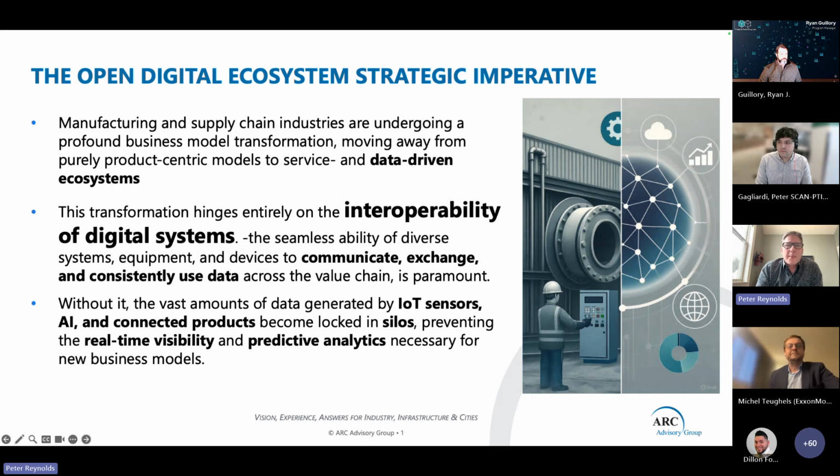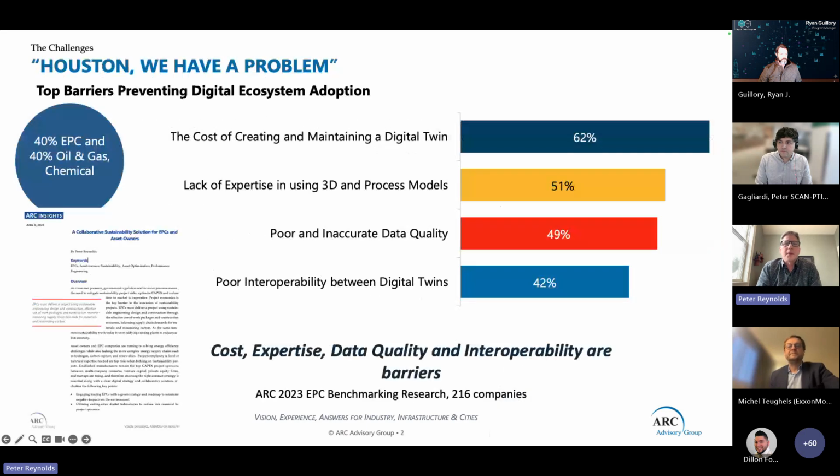So there's a lot of things that are happening in the industry today. But before we talk a little bit about plug and play AI, the title of the slide is Houston, we have a problem. Those of you that know ARC Advisory Group, we routinely conduct pulse surveys with our clients and subscribers through benchmarking exercises. I think it was in 2023, we looked at the adoption of digital twin and other technologies across the whole asset life cycle.